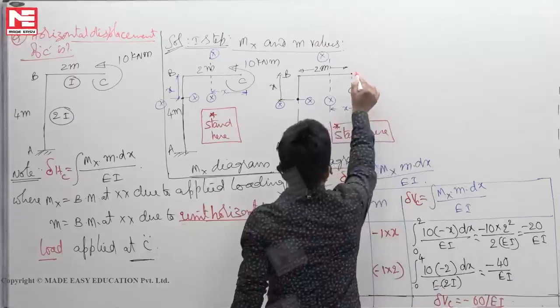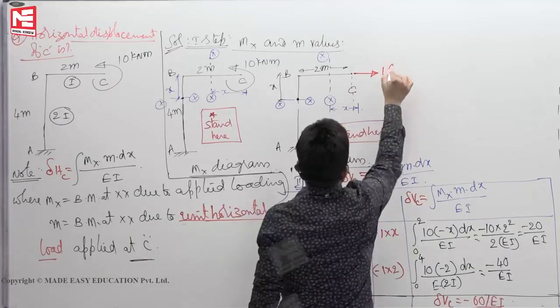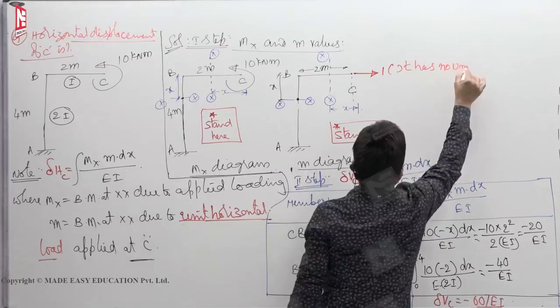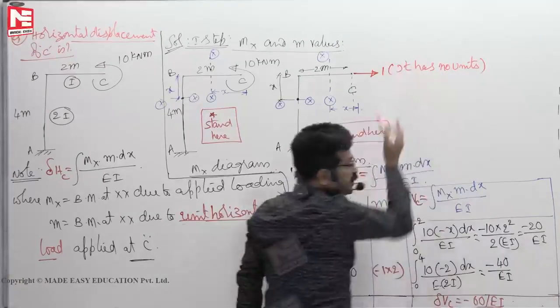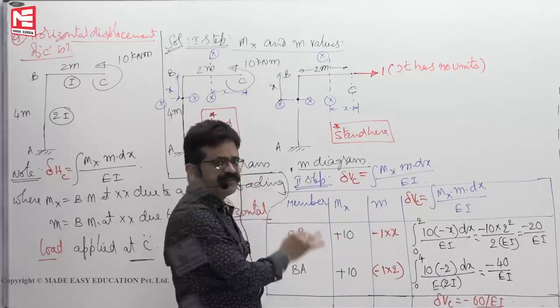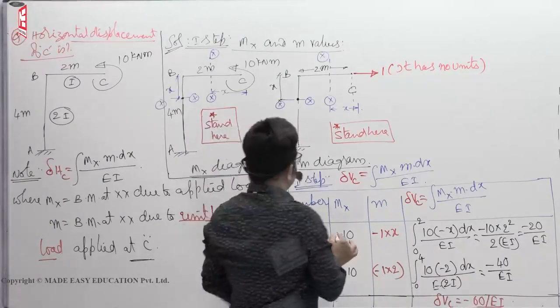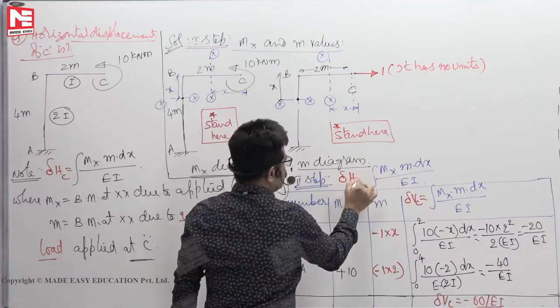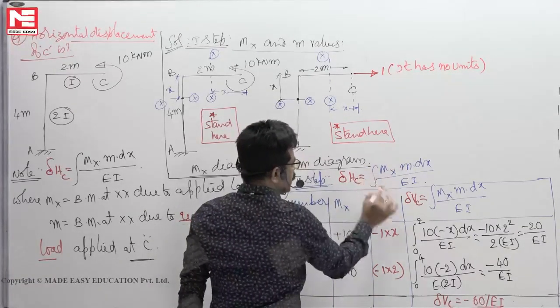Now you see you have to apply 1 and again this one has no units. So whatever direction displacement you want, you can get it by applying unit load at that point and finding the moments. Now this one, delta horizontal displacement at C, formula same.